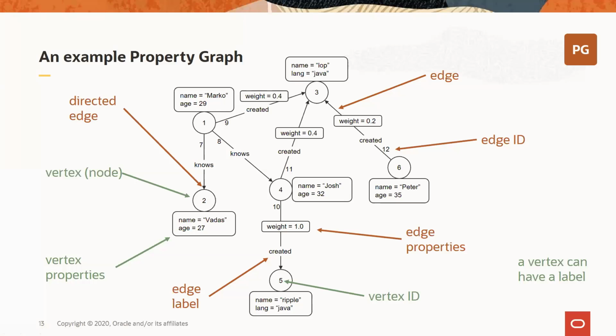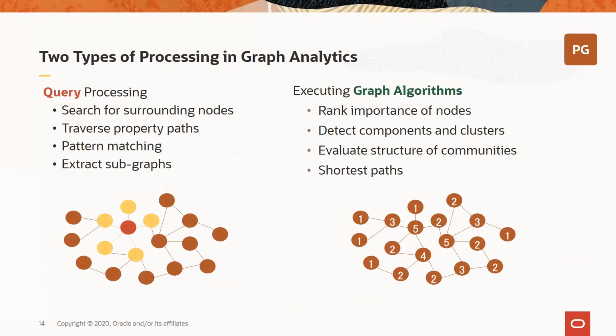As simple as that. Now, what can you do mainly with your graph? There are two kinds of action that you do with your graph. Generally, you can do querying. So you just ask your graph questions about, oh, what is the structure like? How can I connect things? Or if I start from this node, where do I end up if I follow a given path?